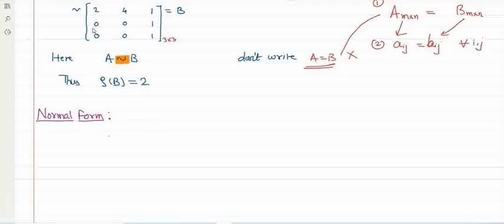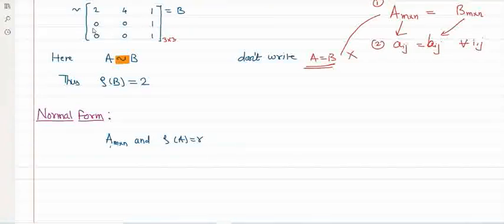Suppose A is any m by n matrix and rank of A is equal to R. Okay, first try to understand the definition. I have started with A is any rectangular matrix. That means m is not equal to n.